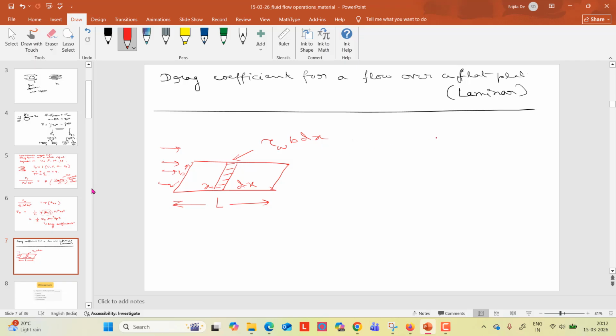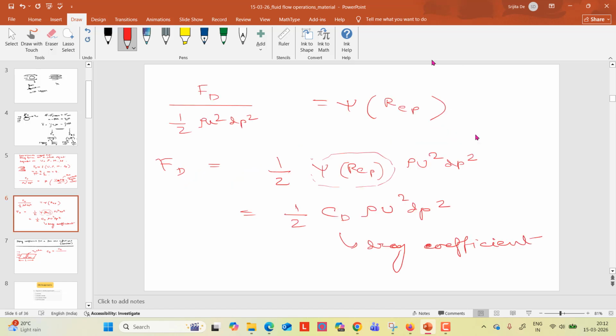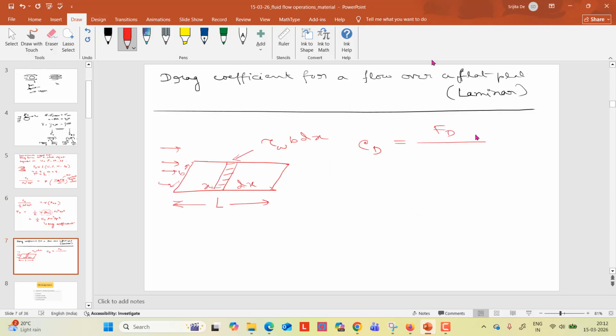So CD, we know the drag coefficient we just calculated, right? From the previous case we have calculated the drag force, so CD will be FD divided by half rho u square AP.